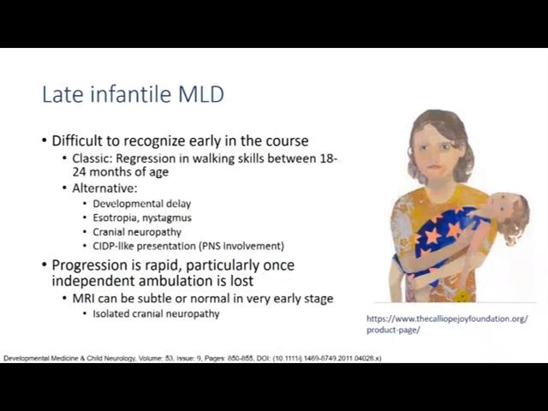They can show isolated nerve root enhancement. So I would urge caution with diagnosing a new onset esotropia or cranial nerve involvement in a young child. MLD should be on your differential and should be considered.